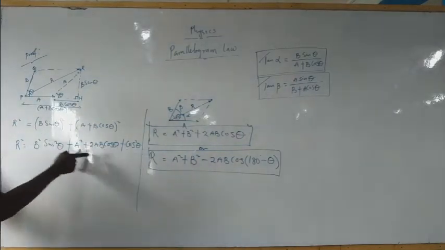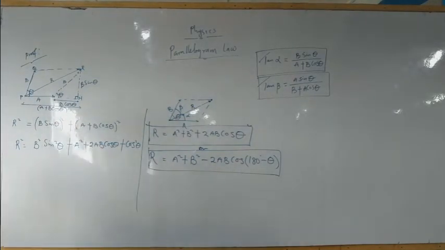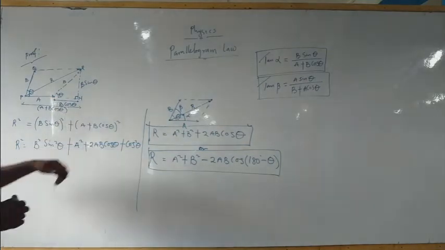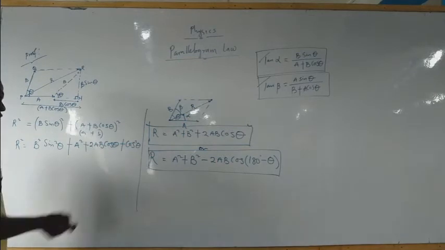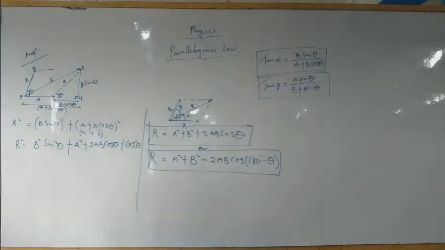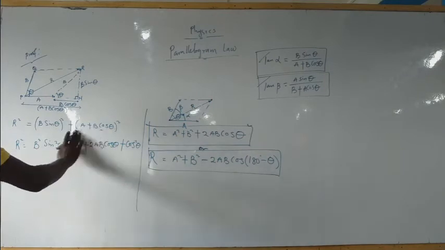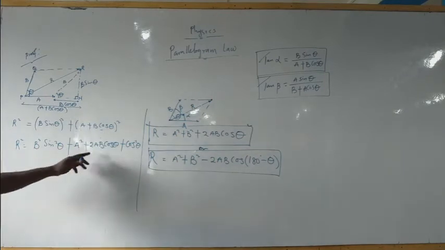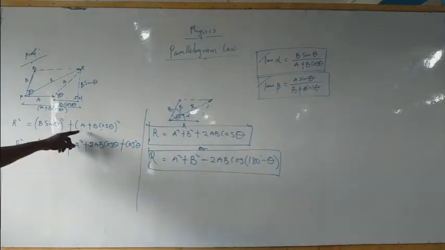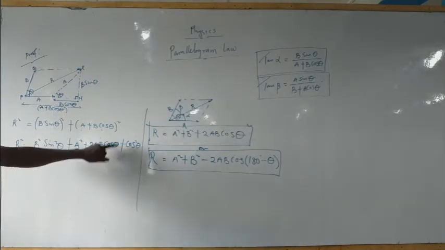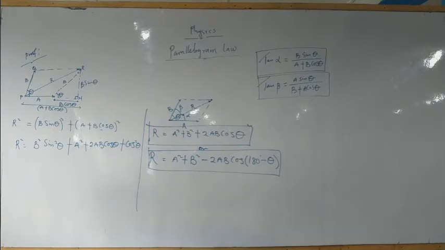Just like when we have A plus B, if you want to expand it, you open two brackets raised to power 2. That will be A squared plus 2AB plus B squared.